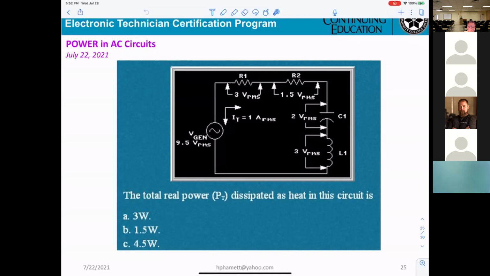So for R1 you get 3 times 1, you get 3 watt. And another resistor you get 1.5 times 1, you get 1.5 watt. And the total real power will be adding up. That's why the answer will be C.